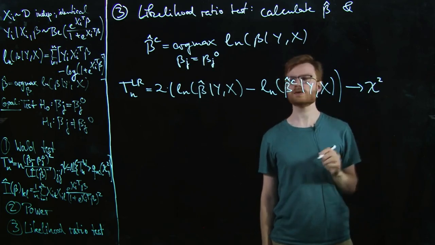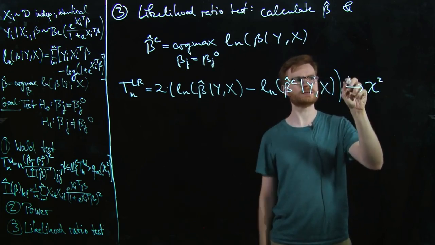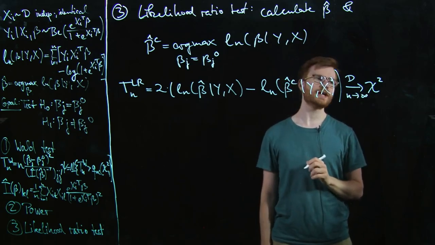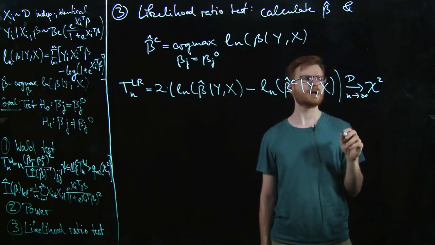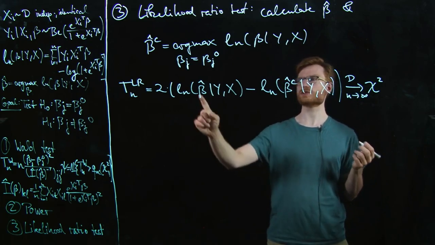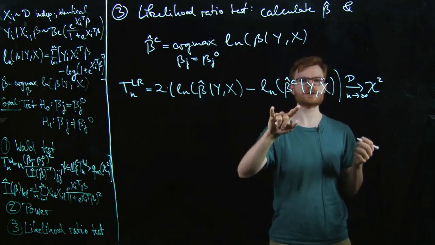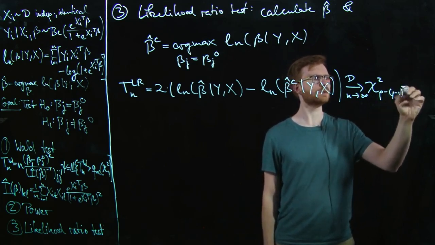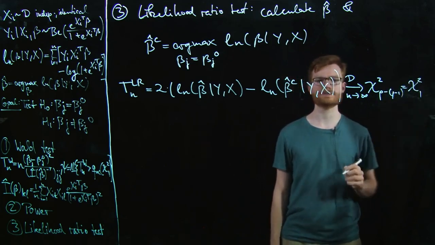And the theorem was that this converges, under certain regularity conditions, in distribution, as n goes to infinity, to a chi-squared distribution with degrees of freedom equal to the degrees of freedom here minus the degrees of freedom there. So that's p minus 1, which is a chi-squared with 1 degree of freedom.